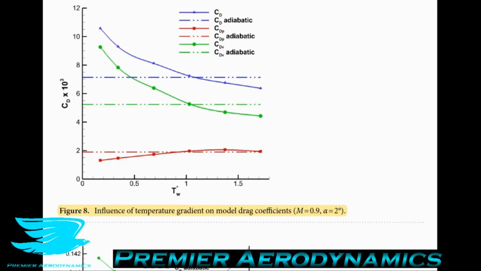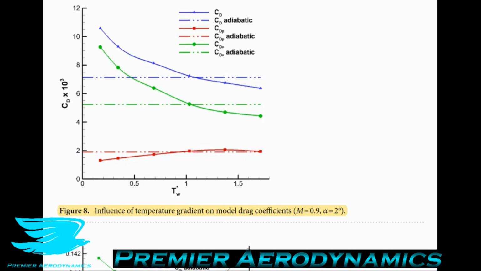So the friction at this point is the dominant contributor to the total drag, which means that a reduction in friction, which we're seeing here with increased wall temperature, is going to play a much greater role in the reduction in the total drag compared to the pressure drag. So the increases in the pressure drag are minimal in the grand scheme of things.